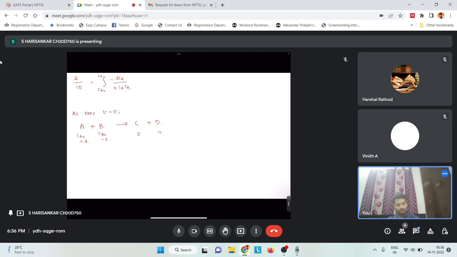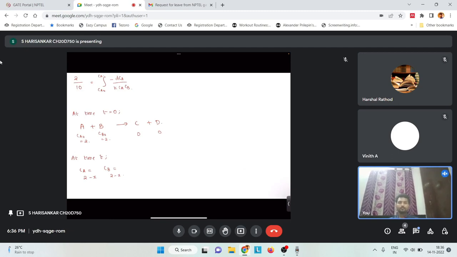Now let's say at time t, our required fractional conversion has already happened. That means X amount of reactants have reacted to form X amount of products. So the concentration of A at this time, CA, will be equal to 2 minus X. Similarly the concentration of B will be 2 minus X, because X moles of A and X moles of B will react.